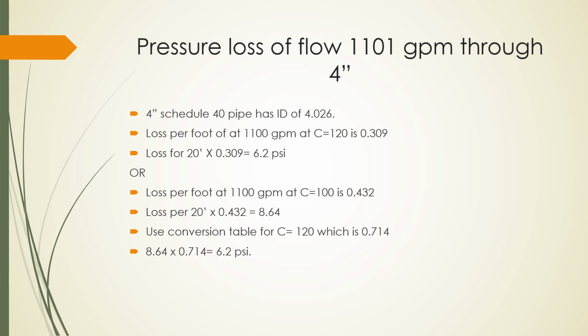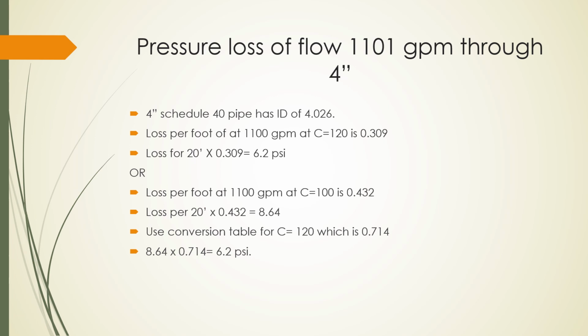But we still need to get the water from the street through the piping to that 3,000 square foot design area. And as we indicated, we had 20 feet of 4-inch line. So we're flowing 1100 GPM into that 3,000 square foot design area. The 4-inch Schedule 40 pipe has an ID of 4.026. Again, it's important to know the schedule of the pipe in order to come up with closer friction loss numbers.